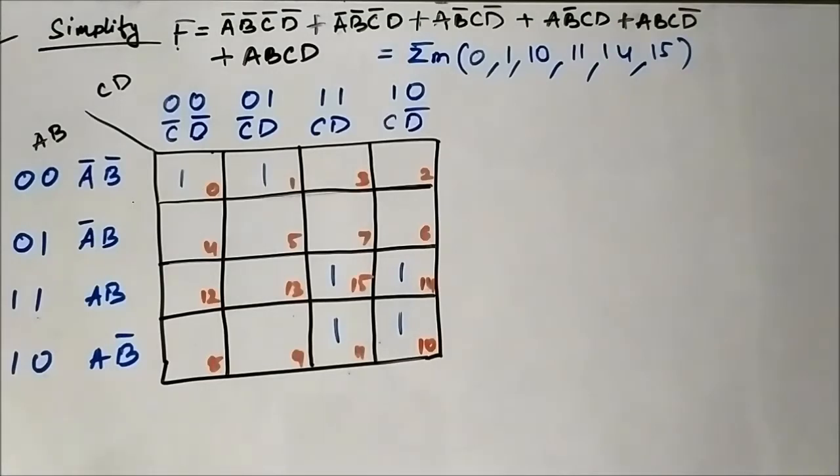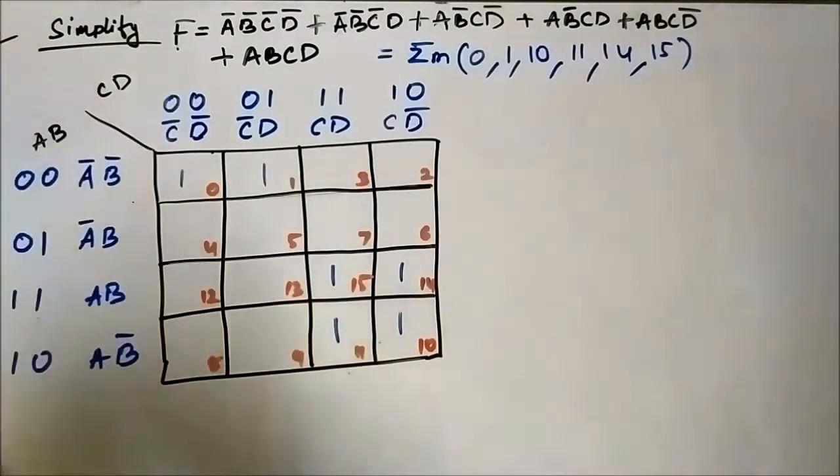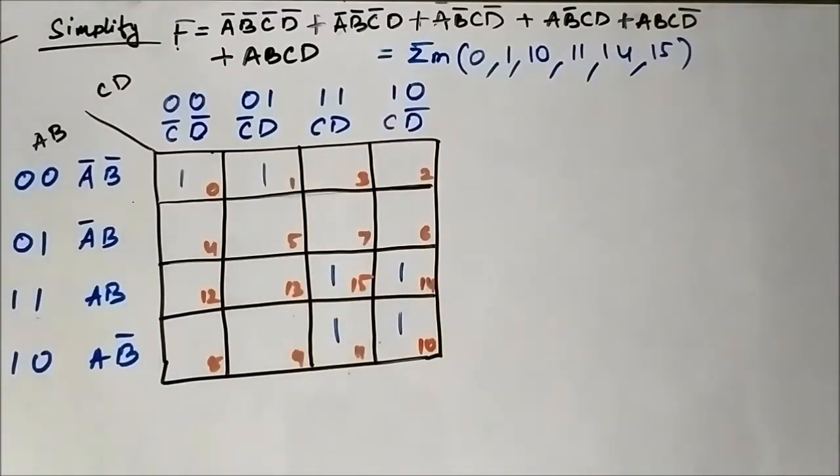So we have marked the cells. Now we have to group them. As per the rules of grouping, a group can contain 1, 2, 4, 8 and so on, 2 to the power n cells.